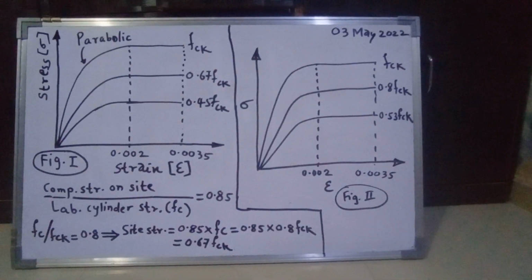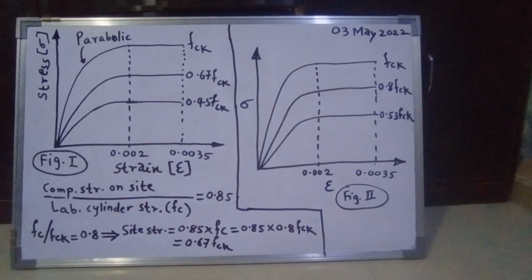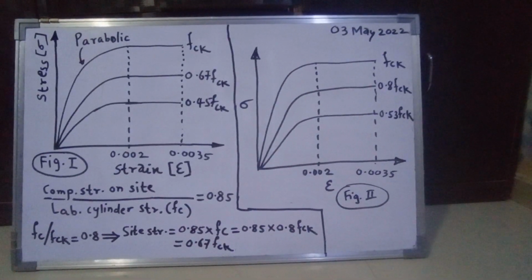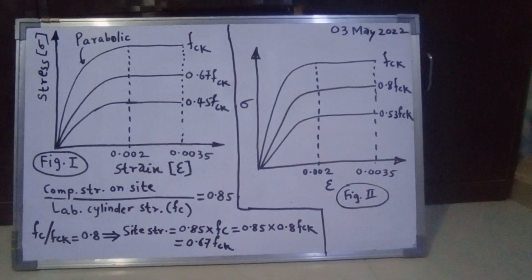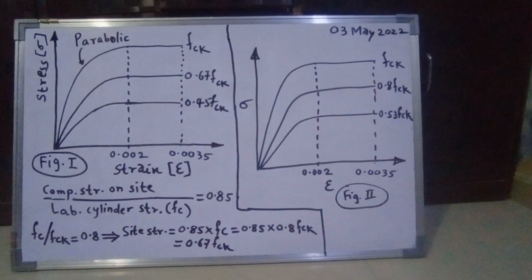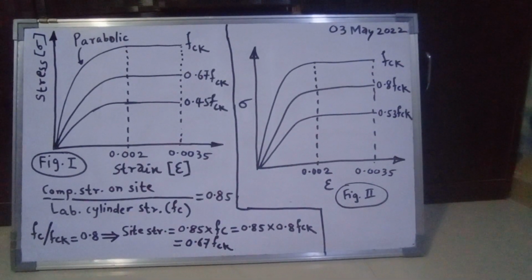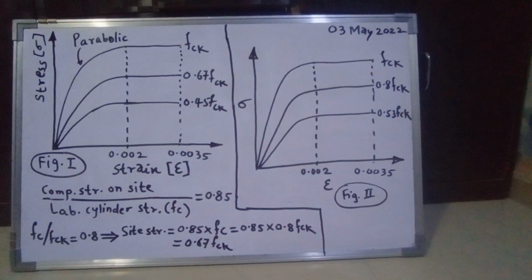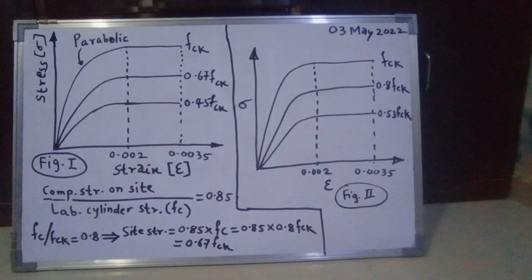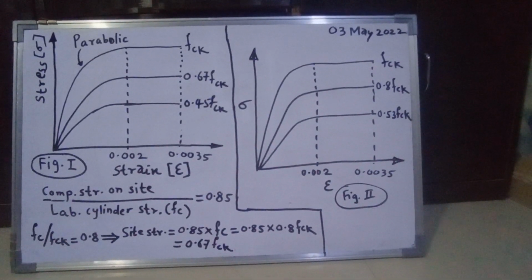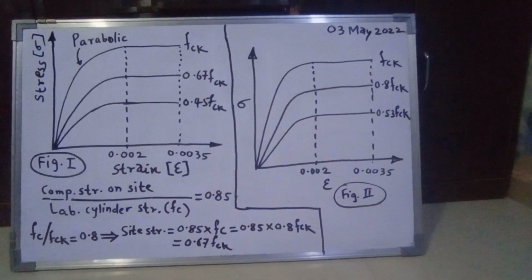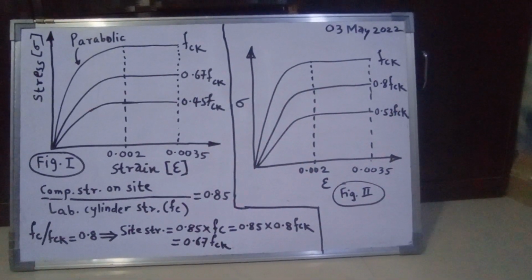Therefore, instead of 0.85 into 0.8, which becomes 0.67 as we saw in figure number 1, I have directly taken 0.8 FCK because of that ratio between FC and FCK. So FCK has become 0.8 FCK in curve number 2 of figure 2.